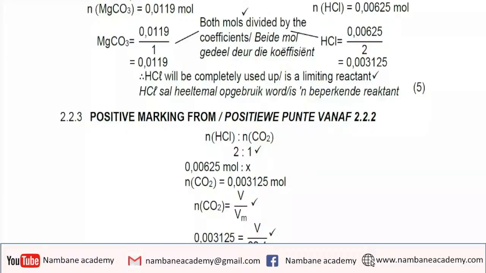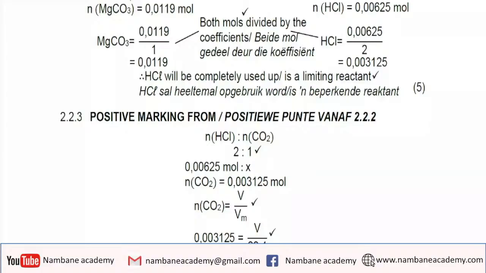The calculated number of moles will move forward into this question. The first mark is allocated to the ratio between the limiting reagent and the product, which is CO2. So 2:1 is the ratio for 1 mark.